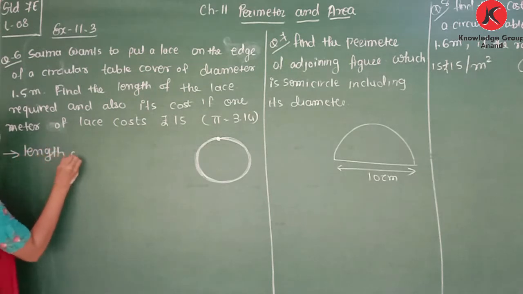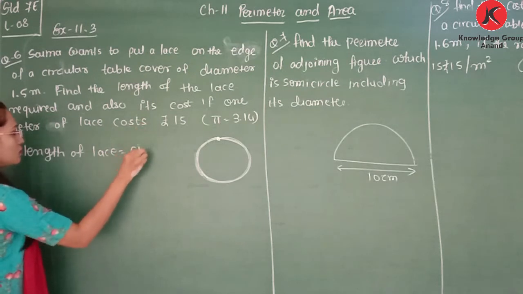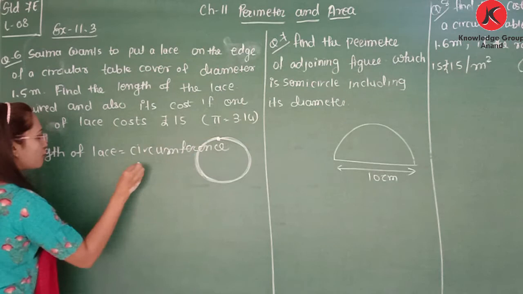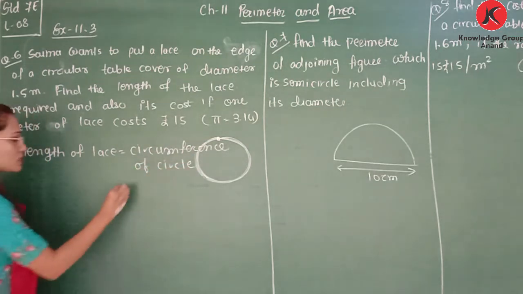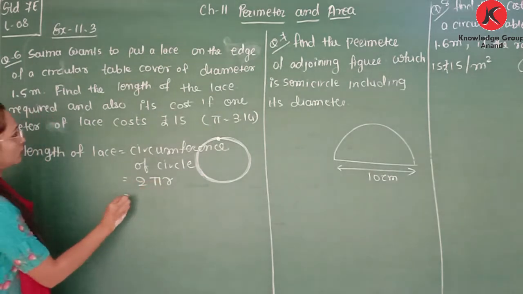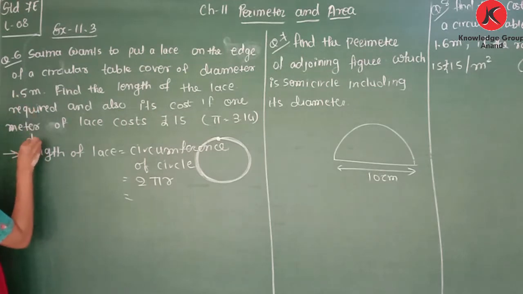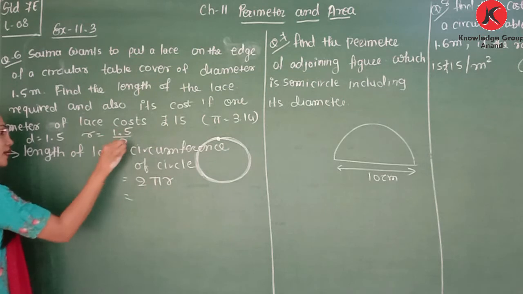So here, length of lace is equal to the circumference of the circle. What is the circumference of a circle? That is 2 pi r. Diameter is given as 1.5, so d is 1.5 and radius is equal to 1.5 divided by 2.